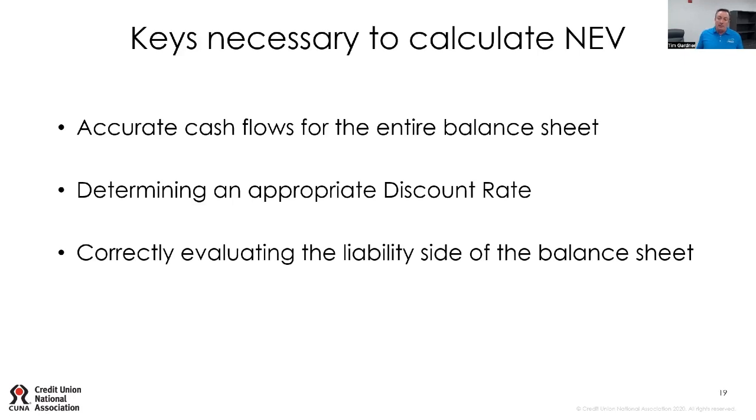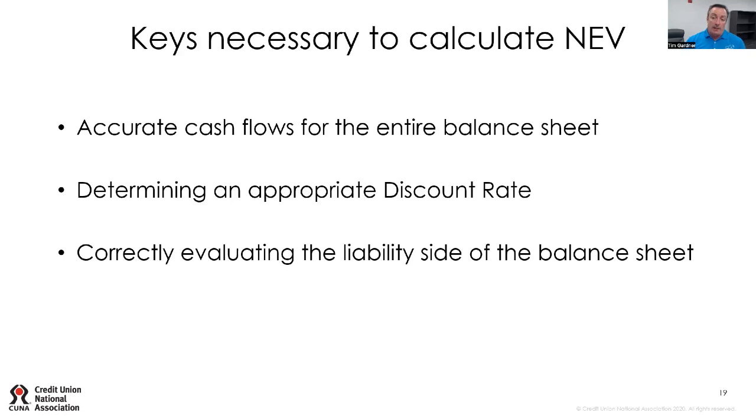So like I mentioned, it's all about cash flows, cash flows, cash flows. I've got to have good cash flows. There are a couple of different things that I'm going to use to help determine the cash flows on the loan side and on the investment side. If I have amortizing investments, I'm going to use prepayment tables that simulate what the prepayments would look like as those external interest rates change.